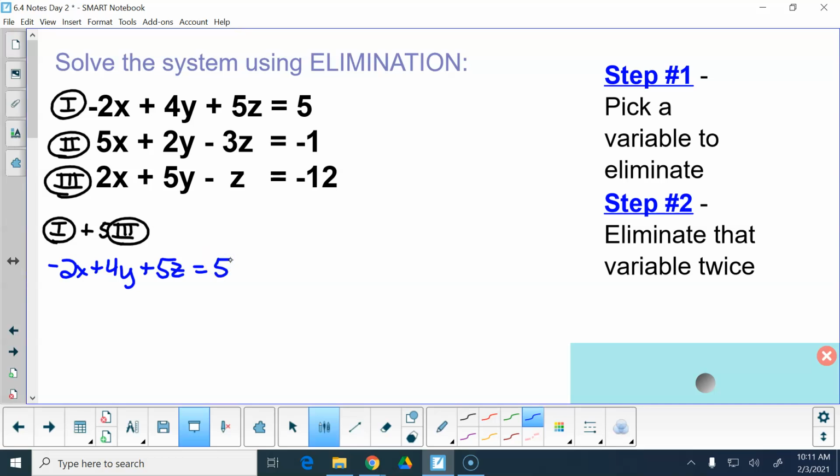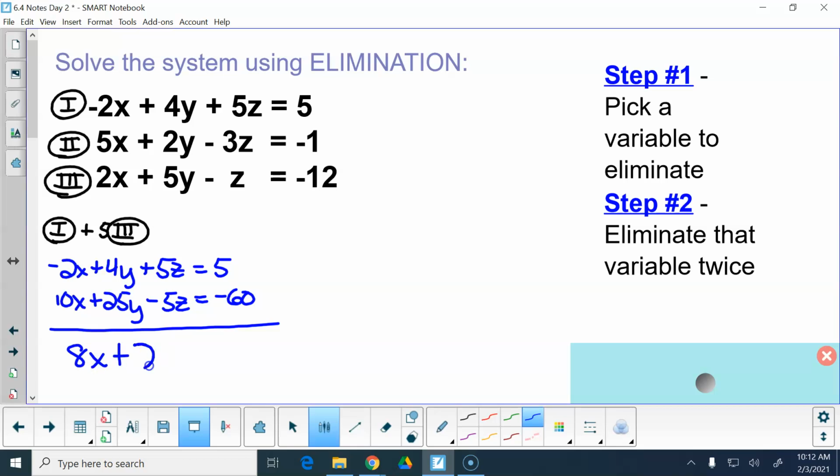And if I went 5 times that bottom one, it would be 10x plus 25y minus 5z equals negative 60. Adding them gives 8x plus 29y equals negative 55. Yes?